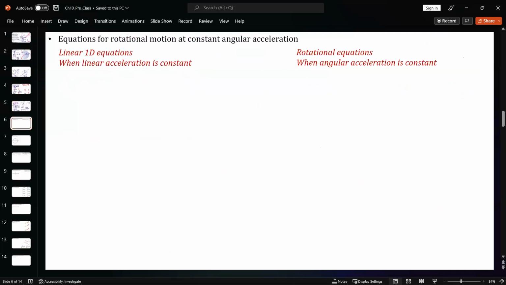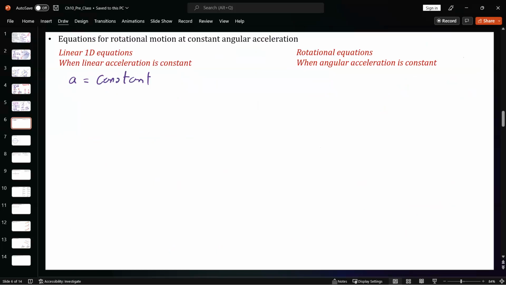And then we will summarize all of these into one single nice format, which we exactly did in chapters number 3 and 4, by combining all the linear quantities together, right? So if you remember, if the linear acceleration remains constant, then in chapter number 3 we actually redefined everything.